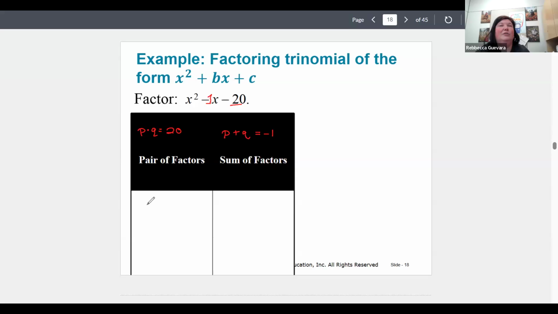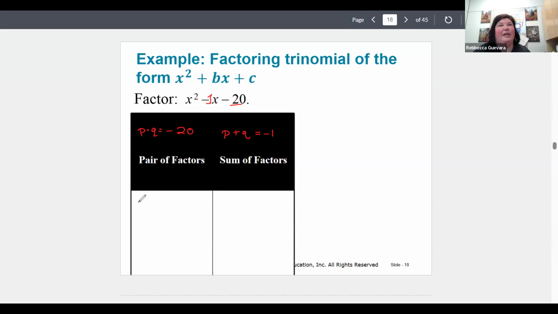So in this case, we need two factors that are going to give me a negative 20. We're pretty sure one has to be positive and one has to be negative.